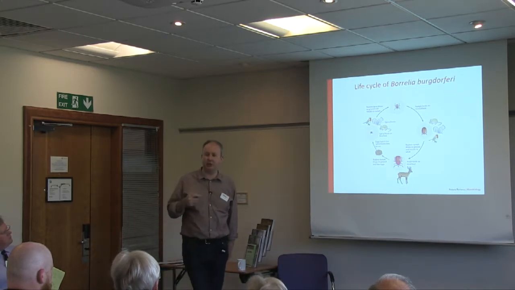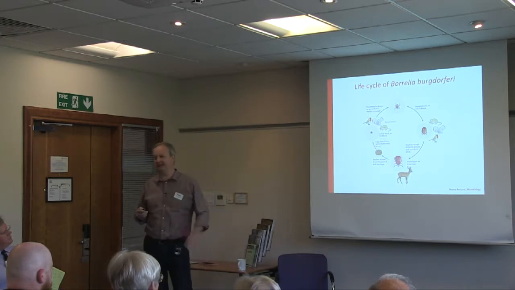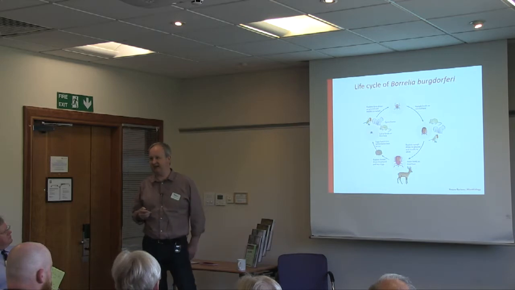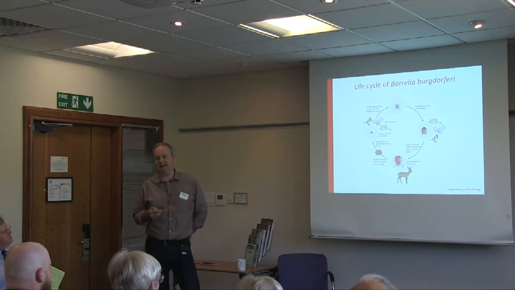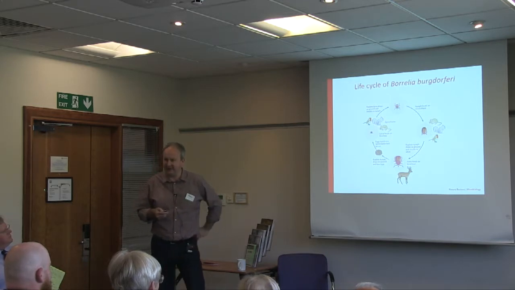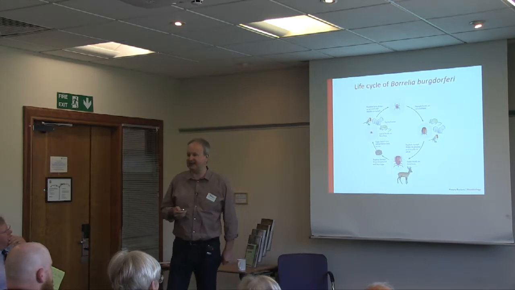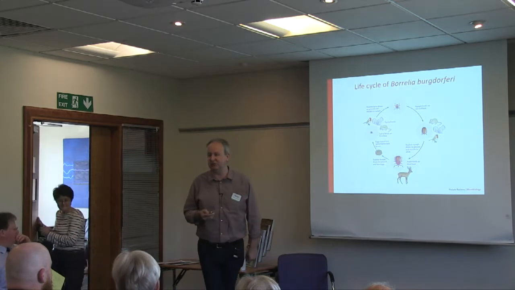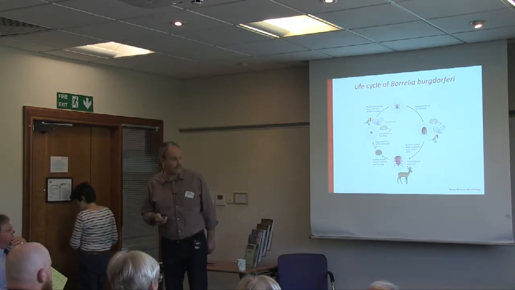It shows no real host specificity. It lives its life in the vegetation. I'm sure, again, I'm telling you stuff you already know. And it quests for a host, and essentially any vertebrate that happens to be in the vicinity and brush past the tick will grab hold of it and will use that host as a source of a blood meal.